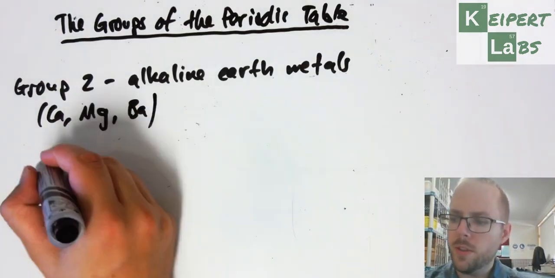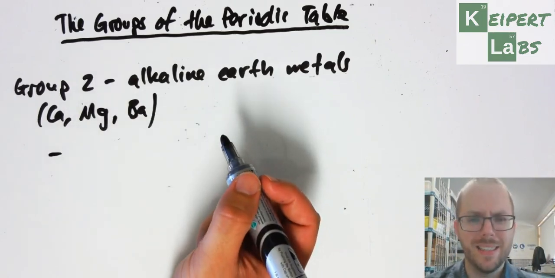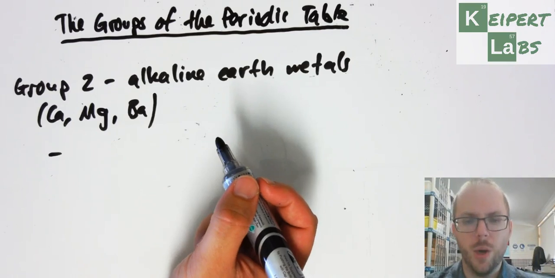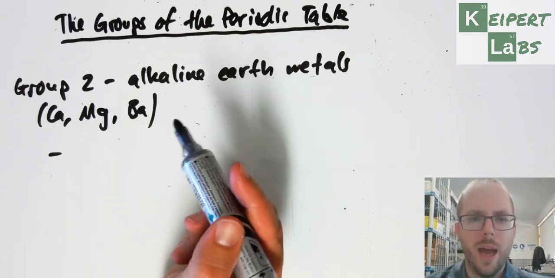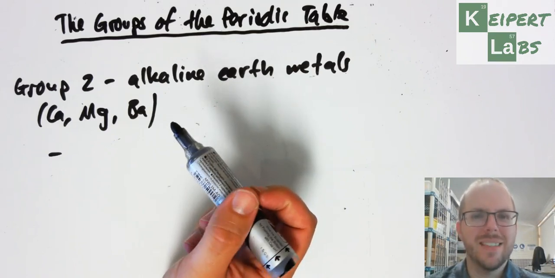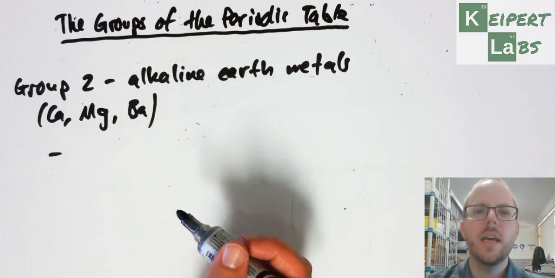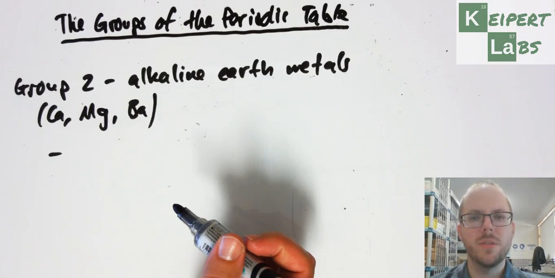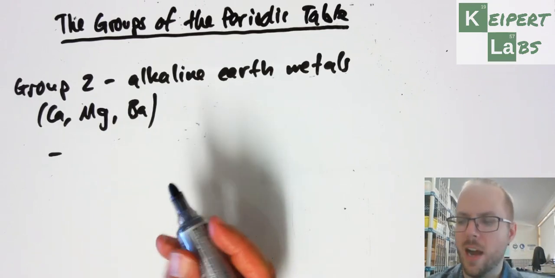The name itself doesn't make particular sense, as other metals come from the earth as well. This term alkaline, or alkali as we saw with group 1, relates to how acidic something is. Alkaline is the opposite of acidic, and when we put these metals in water, they make a solution that's the opposite of acidic: it's alkaline.